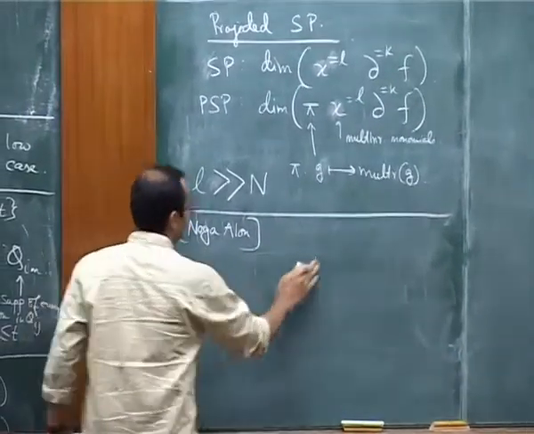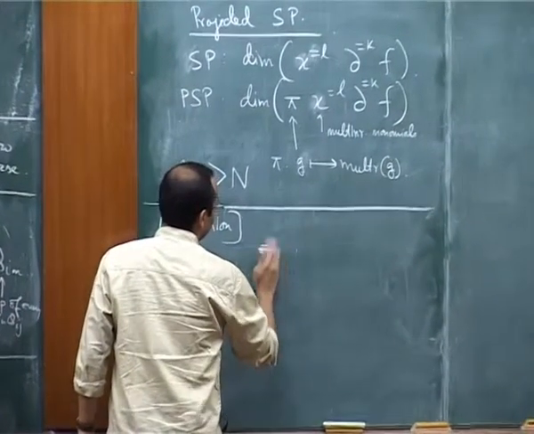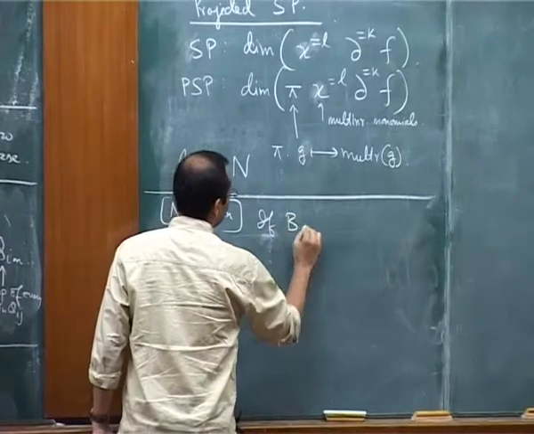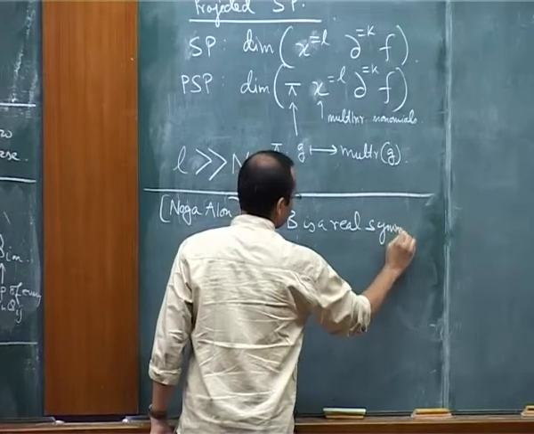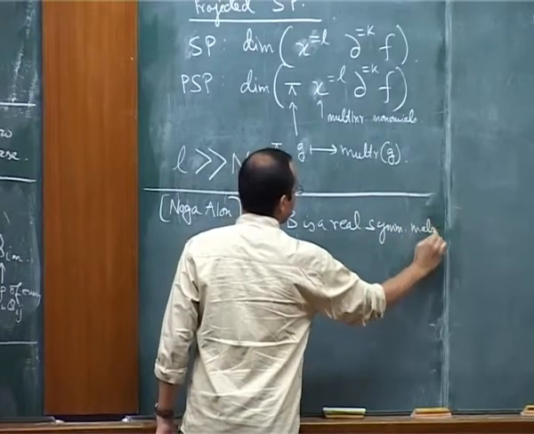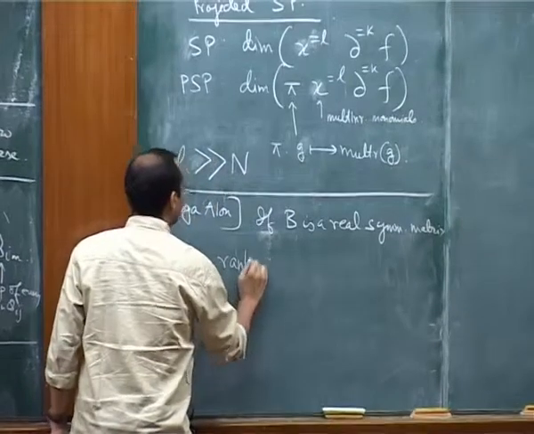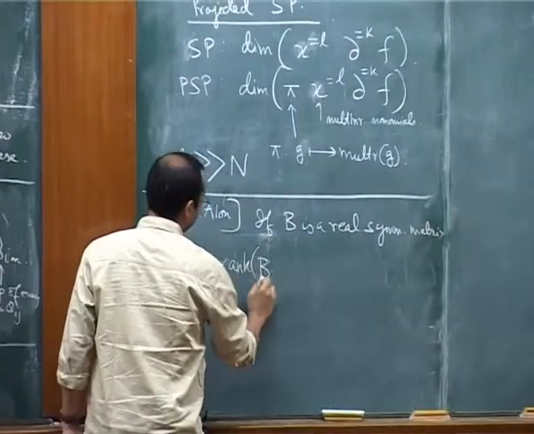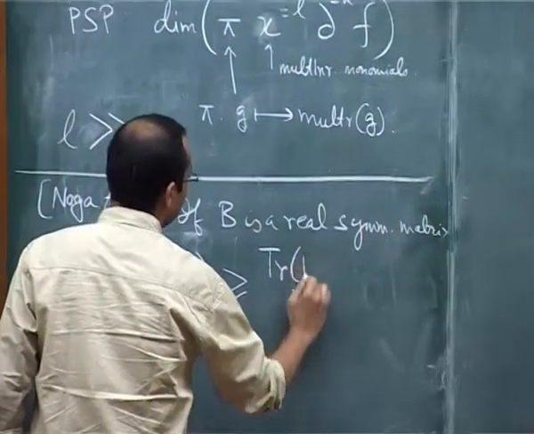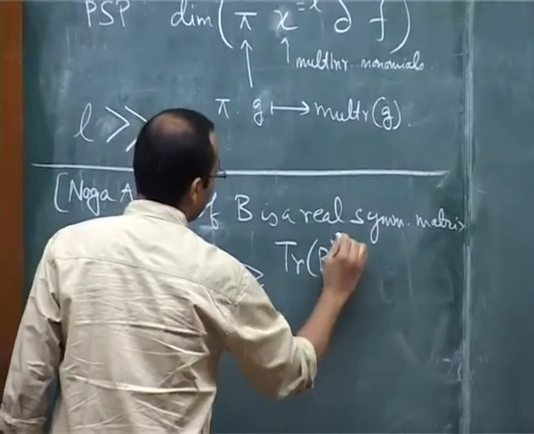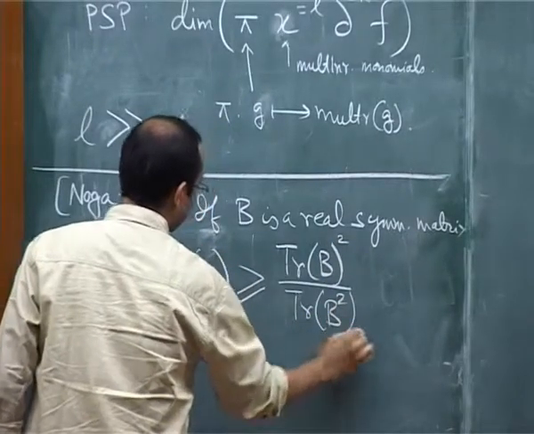And Neeraj showed this, that if B is a real symmetric matrix, think of B to be a square matrix, then the rank of B is lower bounded by trace of B whole square by trace of B square.